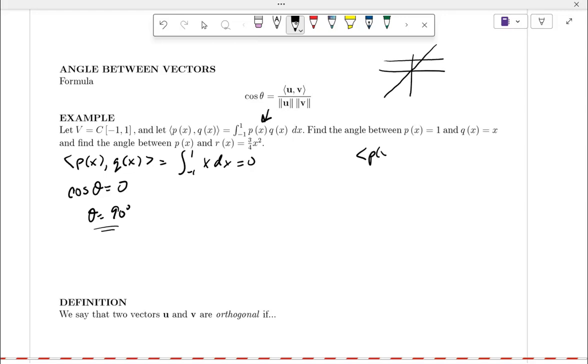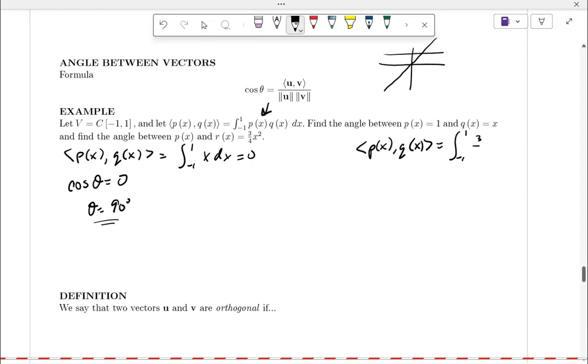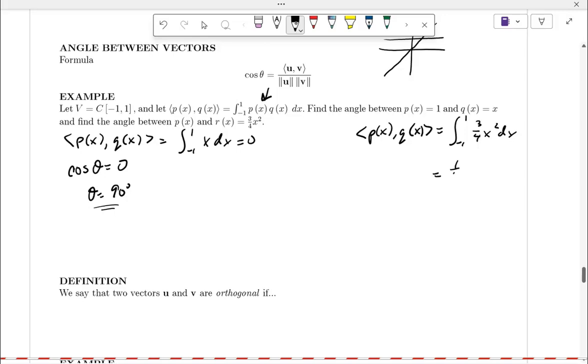If I do p of x and q of x again, if I do that inner product, in this case, what function are we going to integrate? Yeah, the 3/4 x squared. That'll give me what? 1/4 x cubed when we do our antiderivative.